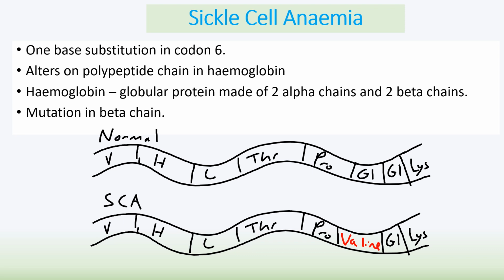One disease that has a clear link to substitution is sickle cell anemia, which is when your red blood cells will actually change shape and collapse in on the cells to make a sickle cell sort of shape. And this is due to a base substitution in codon 6 of the hemoglobin protein. And that one change happens in the beta chain of hemoglobin.